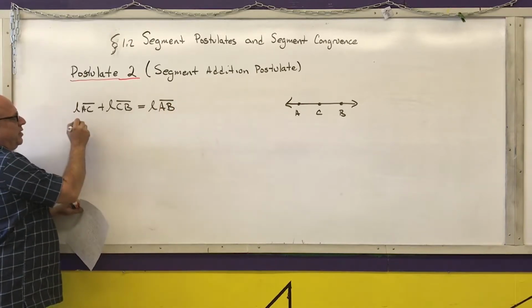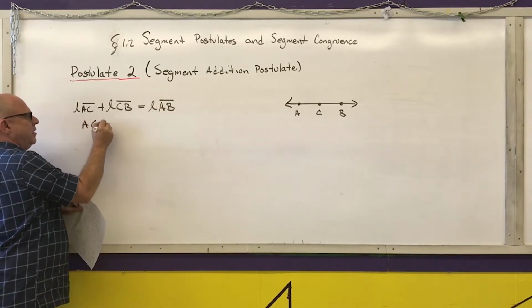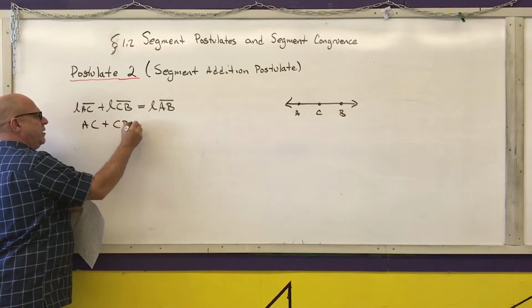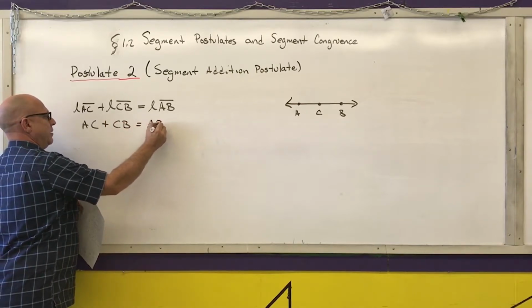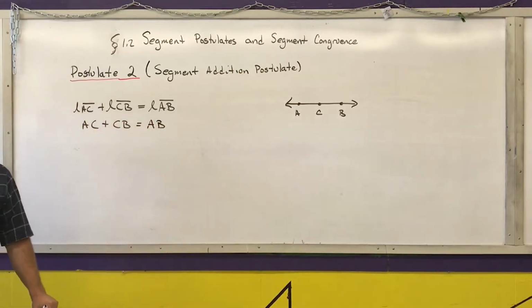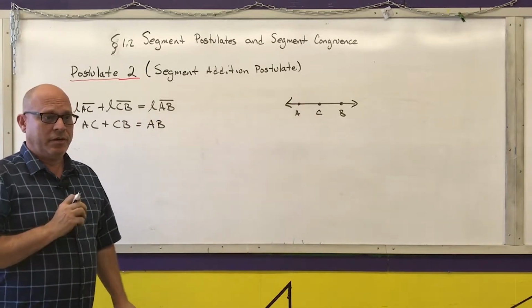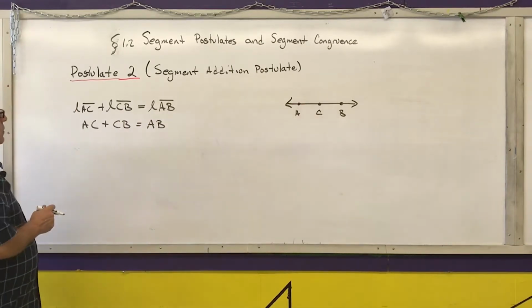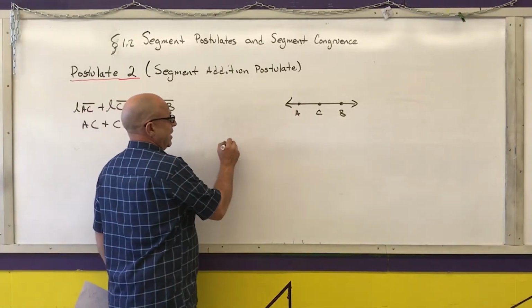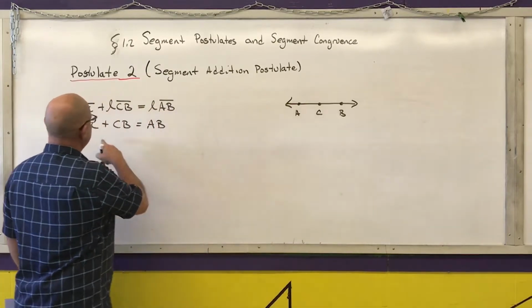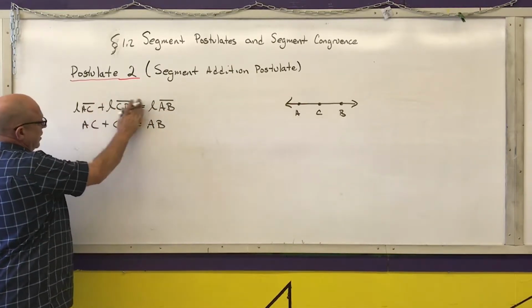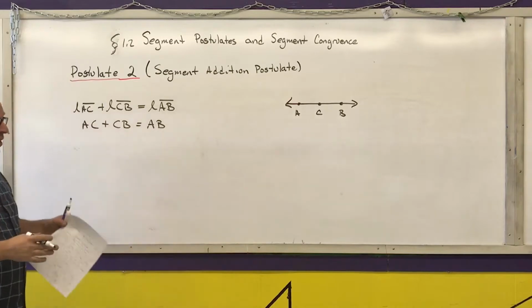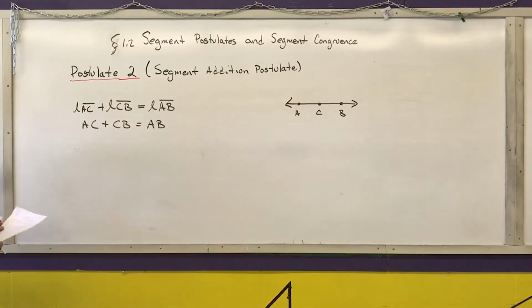Or another way I could have written this is the length of AC plus the length of CB is equal to the length of AB. Okay, lengths are equal to each other. Okay, segments are not equal. I could not have just left the L's off and written the equal sign. We're going to talk about that when we talk about congruence in a minute.